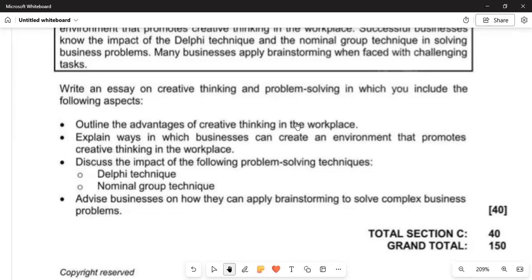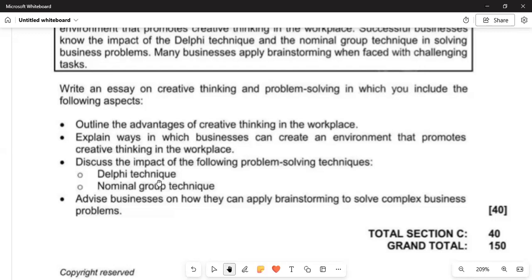Then number two, explain ways in which businesses can create an environment that promotes creative thinking in the workplace. And then number three, discuss the impact of the following problem solving techniques, Delphi technique and nominal group technique. So you must be able to discuss both of the two.